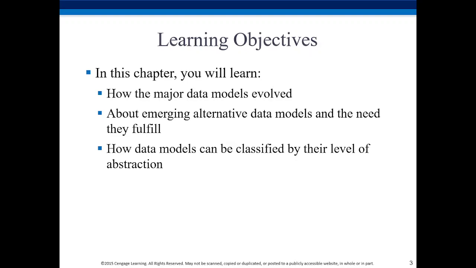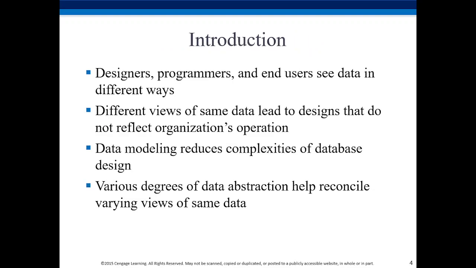And last is how data models can be classified by their level of abstraction, so by their level of complexity, or by their level of detail, how the components interact, what their properties and details are, etc. Okay, so let's proceed to the first part, which is the introduction.